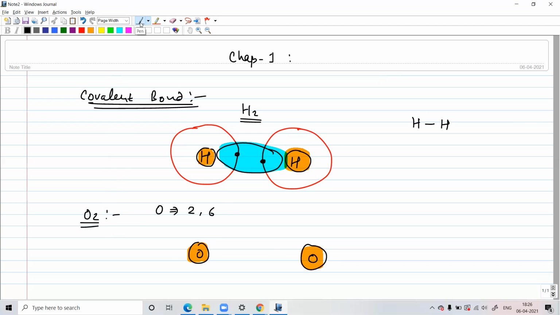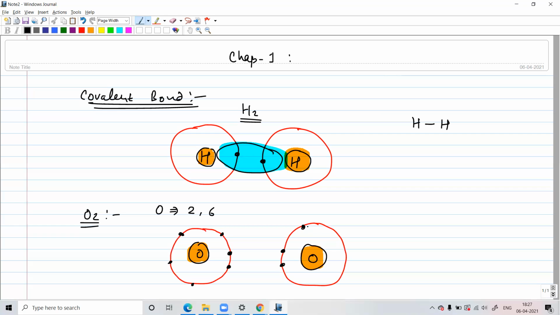So I'm going to skip the first one. I'm going to draw only the outermost shell, because that's the one which takes part in reaction. Remember, okay? The inner shells, of course they're important, but they don't take part in chemical reactions or bond formation. So I'm just drawing the outermost shell, and it should have how many? 6 electrons. 4, and then 5, 6.